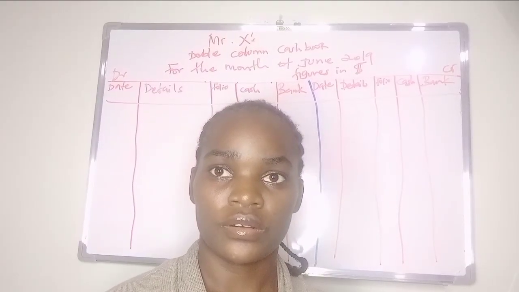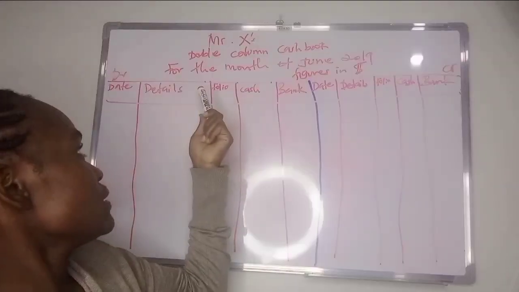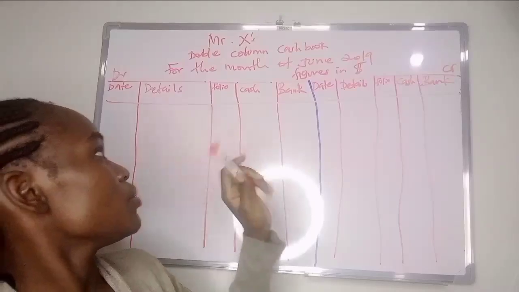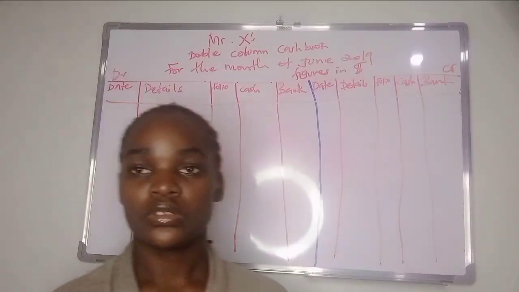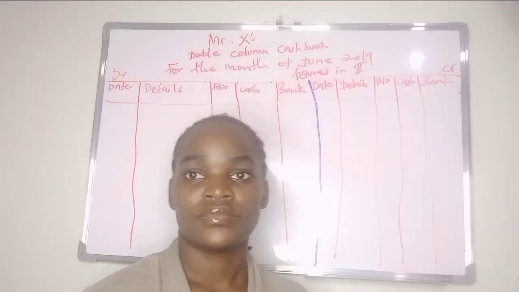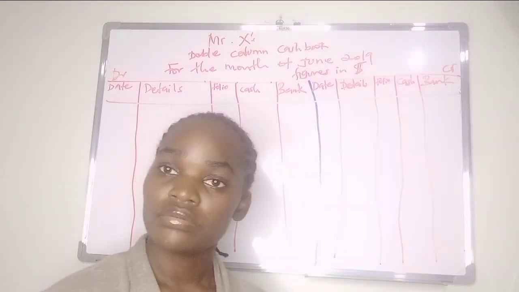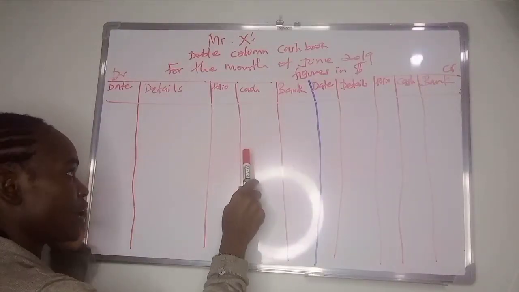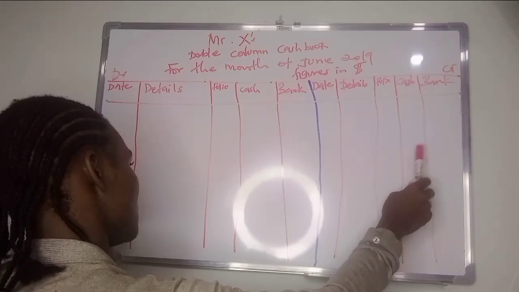This is how we are going to do it. You first start with the heading, Mr. X's double column cash book for the month of June 2019. Then the figures are in dollars. This is the double column. We have cash and bank on both sides.